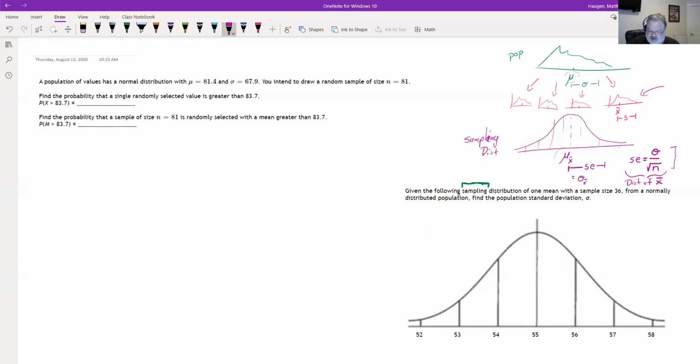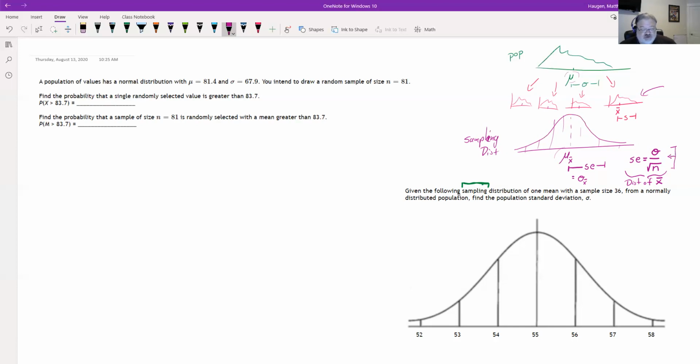That's a little bit of a mouthful, I know. But if we were distributing something else, if instead of looking at these sample means, we were looking at sample medians, or a distribution of standard deviations themselves, or a distribution of proportions, or a distribution of anything other than means, this formula for standard error would be different. So this formula for standard error is specifically the standard error of a distribution of means.